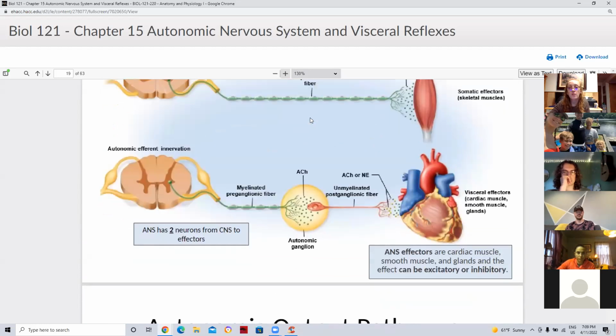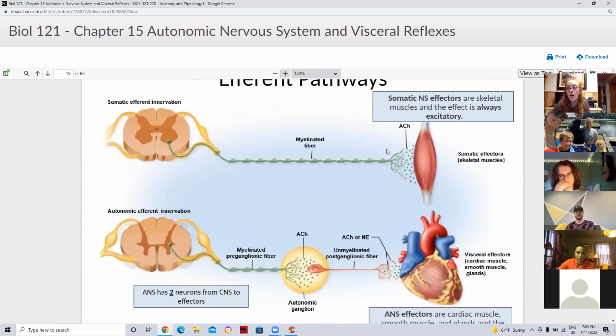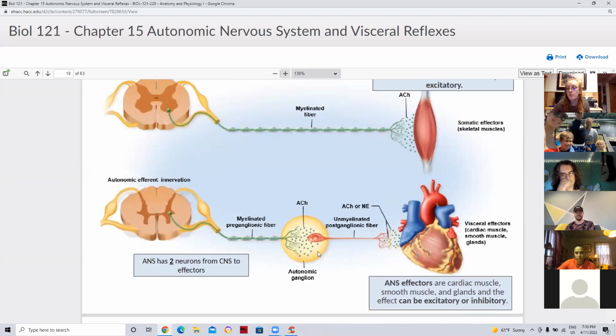Let me actually back up just a little bit more here. Somatic motor neurons are always going to secrete acetylcholine as an excitatory stimulator. In the autonomic nervous system, in the autonomic ganglion, the neurotransmitter that will be secreted is acetylcholine.